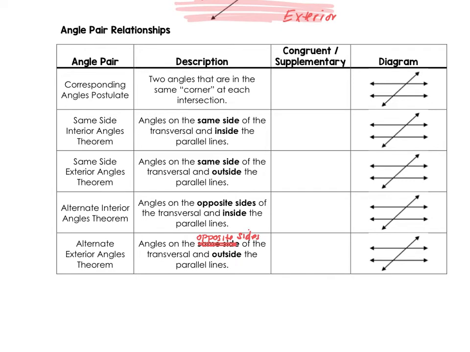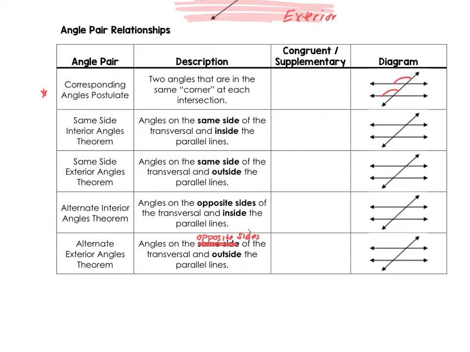Okay, back up to the top of our box here. So with our first special angle pair relationship, we have a corresponding angles postulate. Corresponding angles are described as two angles that are in the same corner at each intersection, meaning this angle would correspond to this angle. They're kind of like the steps on a ladder, okay?